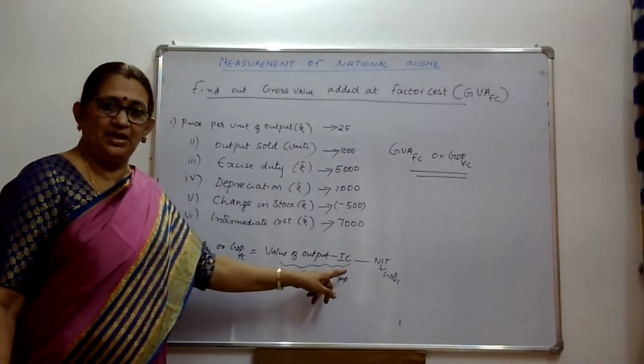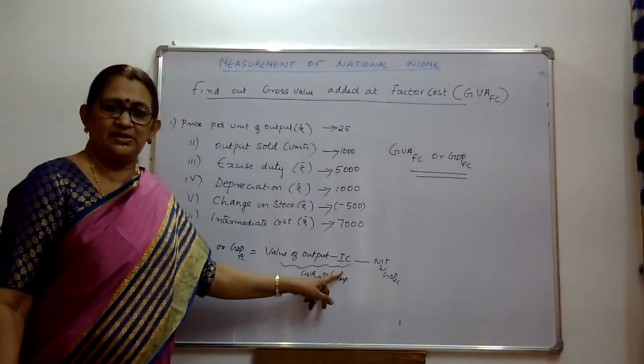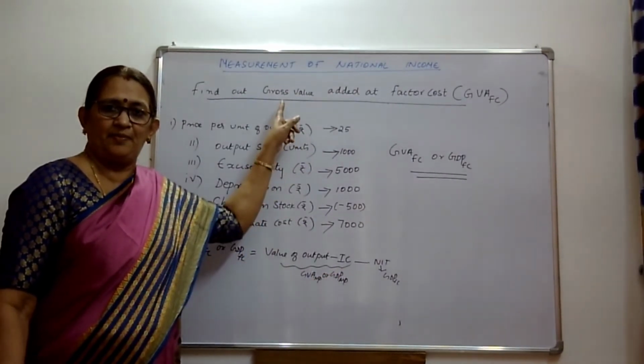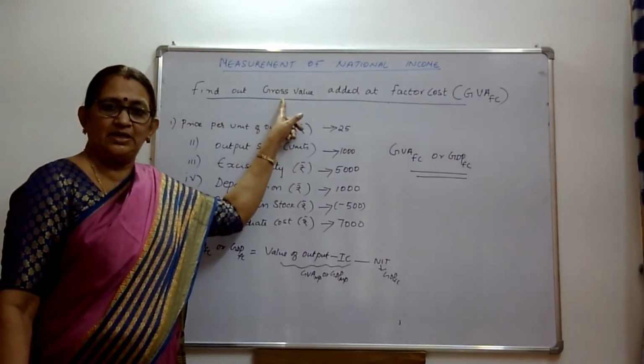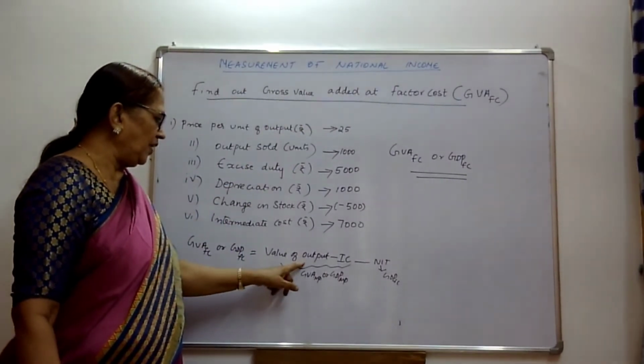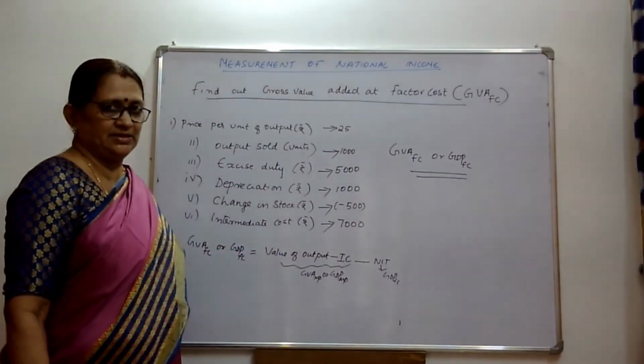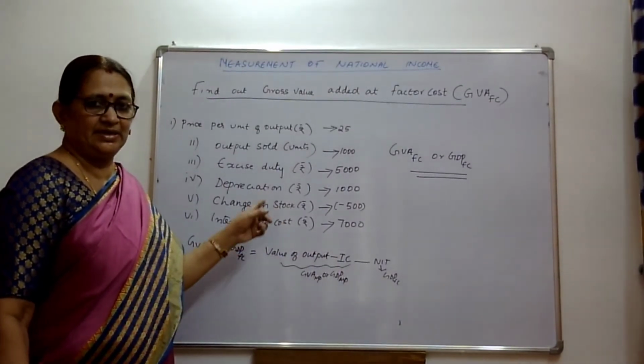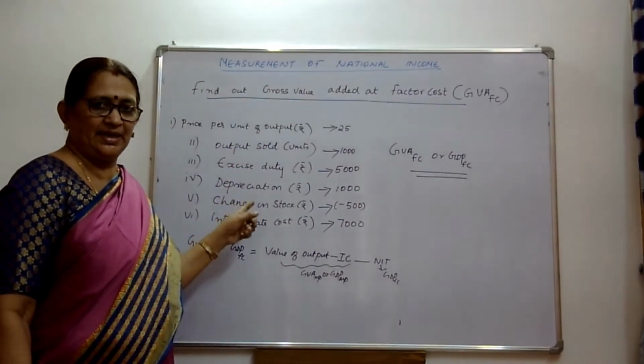There is no need to subtract depreciation because the question is about gross value, which includes depreciation. So, value of output minus intermediate consumption. We have done it earlier. Value of output is not given directly.